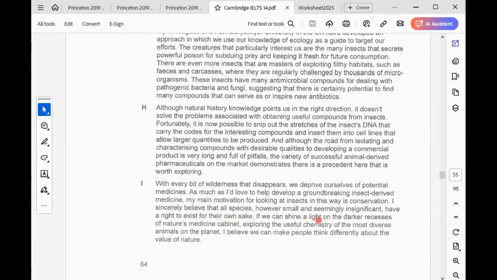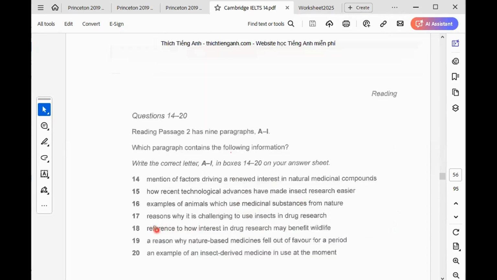If we can shed light on the darker recesses of nature's medicine cabinet, exploring useful chemistry of the most diverse animals on the planet, I believe we can make people think differently about the value of nature. So this is pointing at what? How interest in drug research may benefit wildlife.